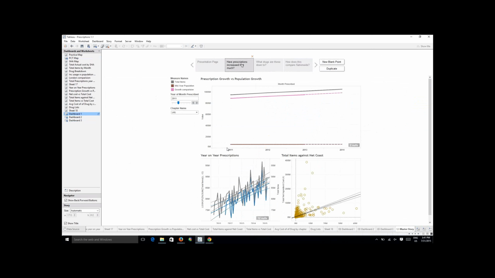The year on year, I thought that could be simplified a little bit. There's a lot going on in that chart. You also have a double axis, which seems to be synchronized, so you could clear an axis.